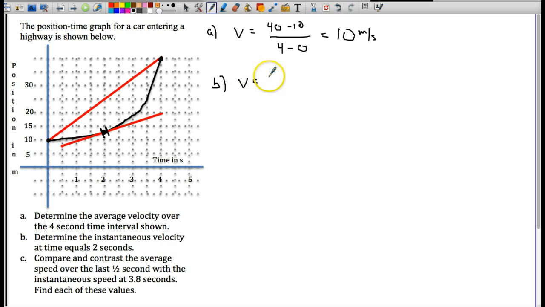So now that we find this line, we find the slope. Again, we got when time is 3.5 seconds, the position is 20, and when it's a half a second, we get that the position is 5. I try to pick points that are on the line and they're easy.